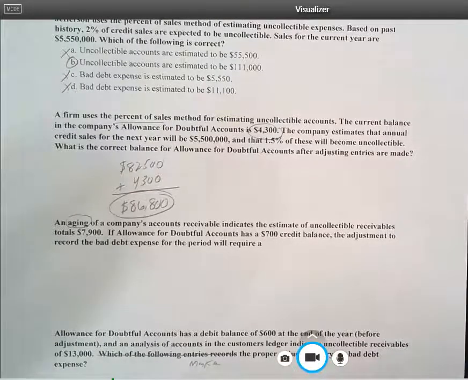It says if the allowance for doubtful accounts has a credit balance of $700, the adjustment to record the bad debt expense for the period will require a, so it looks like they're wanting a journal entry here.